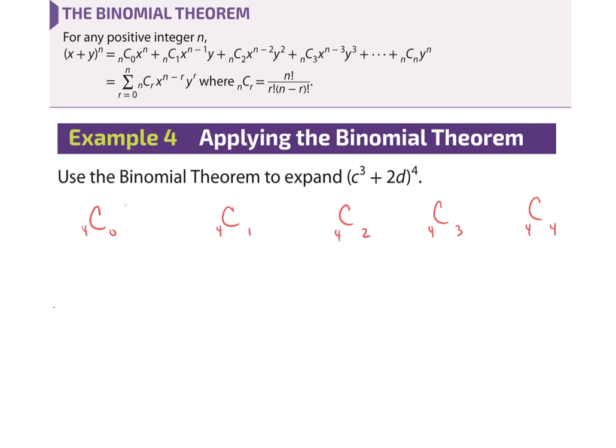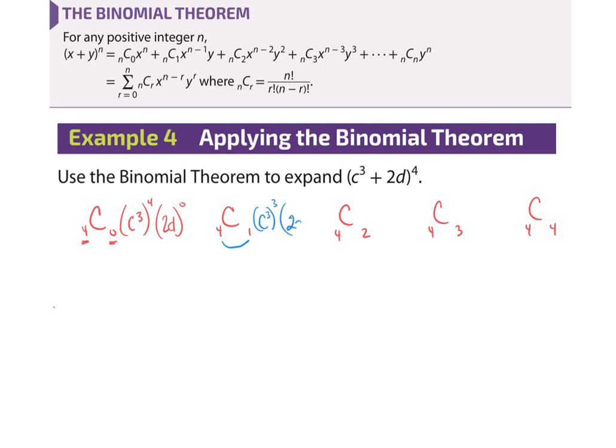I would use my first term, c cubed, and I would take it to this power, 4. And I would take my second term, d, and I would take it to this power, 0, right? That's for this one. For the next one, my c cubed is going to be taken to 4 minus 1, right? 3.